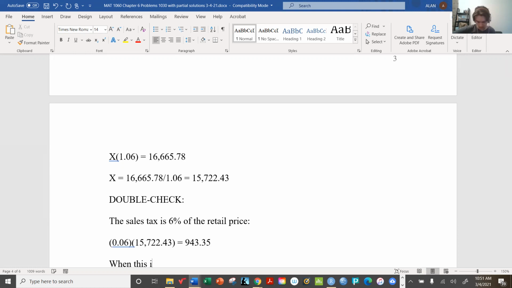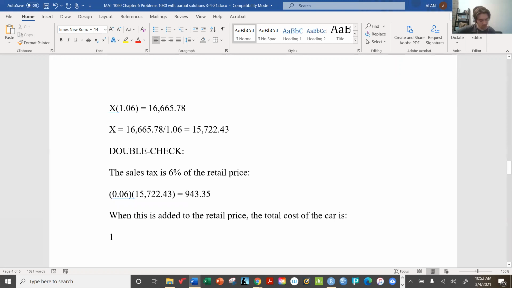When this is added to the retail price, the total cost of the car is 15,722.43 plus 943.35, and possibly with some rounding issues, it should be the same. No, it's correct, 16,665.78, and that is the correct answer.